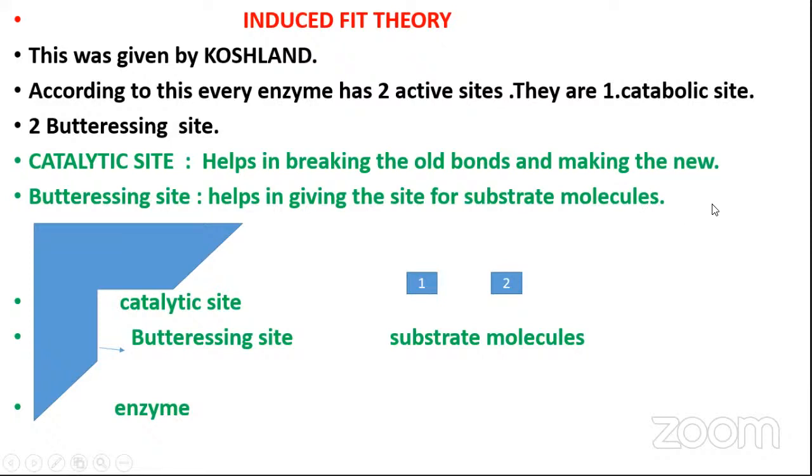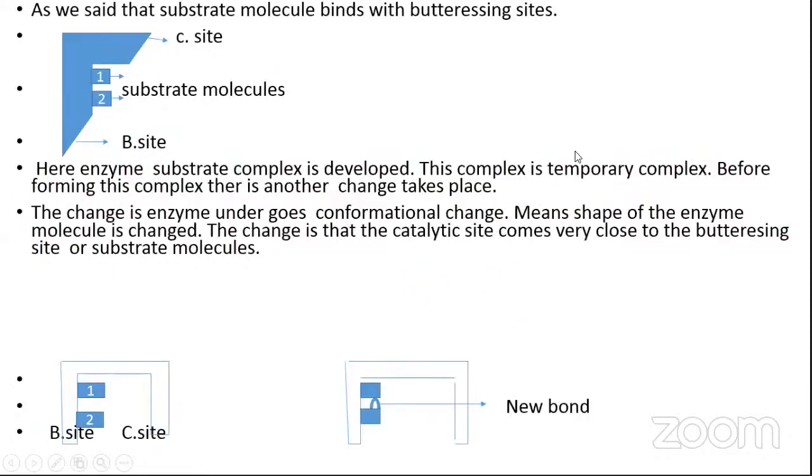So two types of active sites are introduced in this induced fit theory, which was proposed by Koshland. And next, the substrate molecules, after joining with the buttressing site, usually form or develop a temporary enzyme substrate complex.